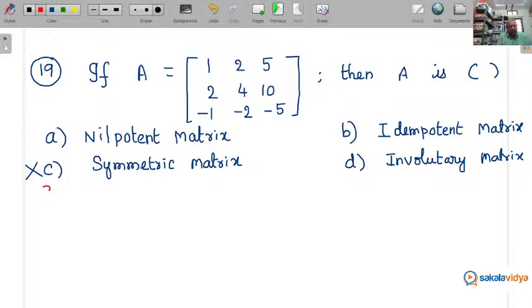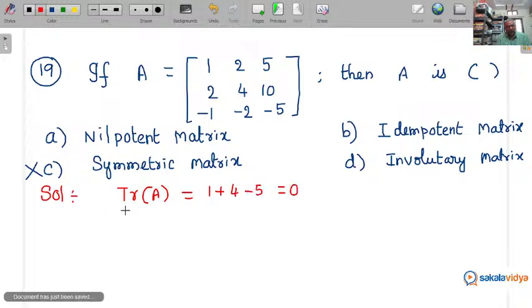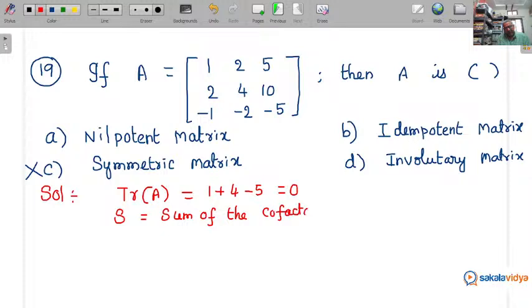Before applying the super shortcut, first write down trace of A. Trace of A means sum of the principal diagonal elements. So 1 plus 4 minus 5, obviously 0. Next, let us find the sum of the cofactors of the principal diagonal elements.